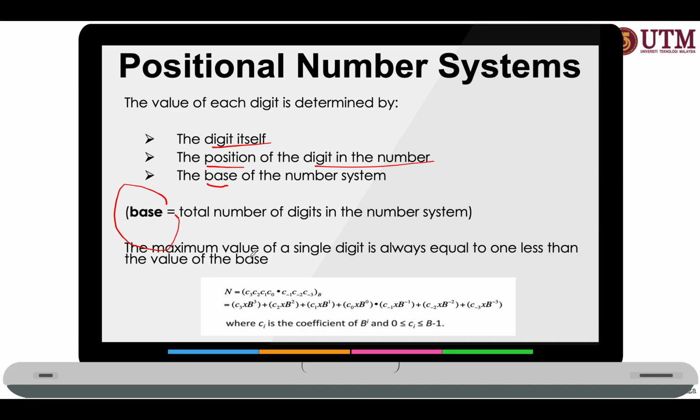The maximum value of a single digit is always equal to 1 less than the value of the base. Later on you will go deeper and understand what this means. And this is just a representation of equations on how you're going to get the value depending on your base and numbering.